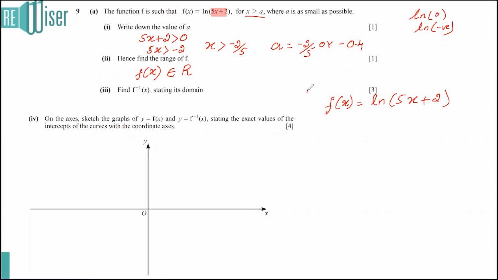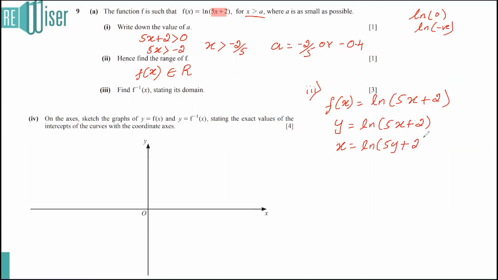The first step is replacing f of x with y. So that's y equals ln of 5x plus 2. Then I need to swap the variables. Wherever we have x, we put y, and wherever we have y, we put x. So I'll be getting x equals ln of 5y plus 2.